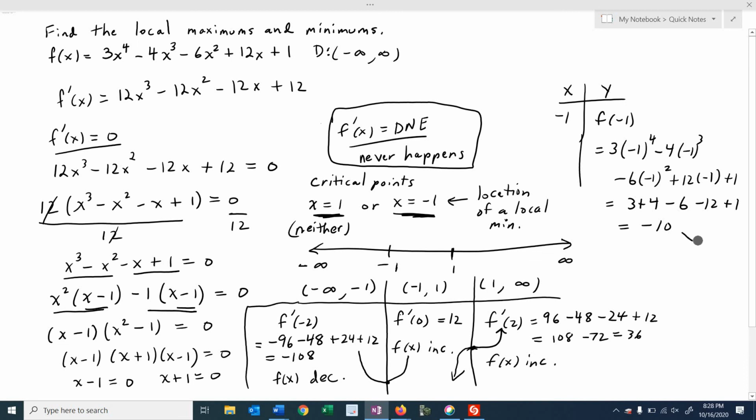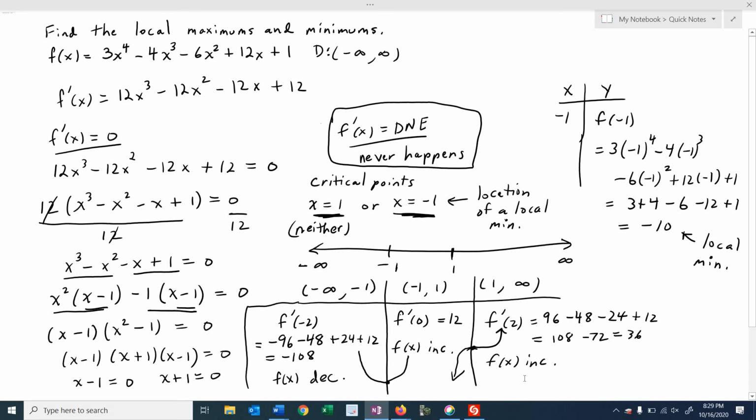Okay, so this is actually the local minimum. We have a local minimum of -10, and it happens to occur when x is -1, and that's the only local minimum or local maximum that we have.